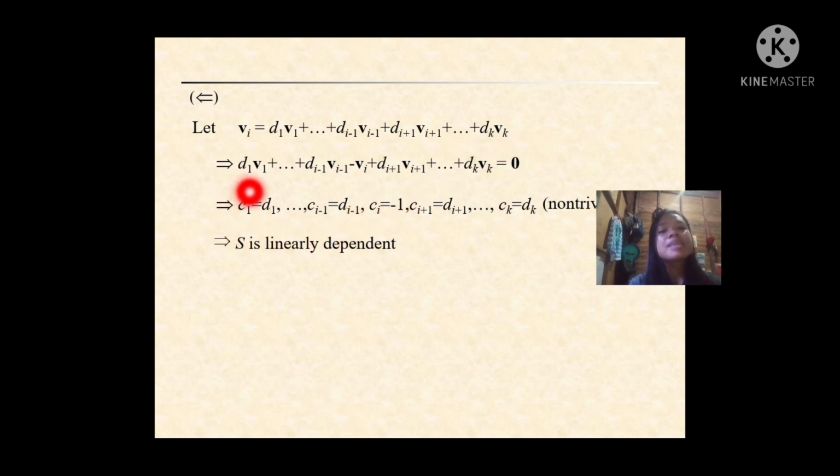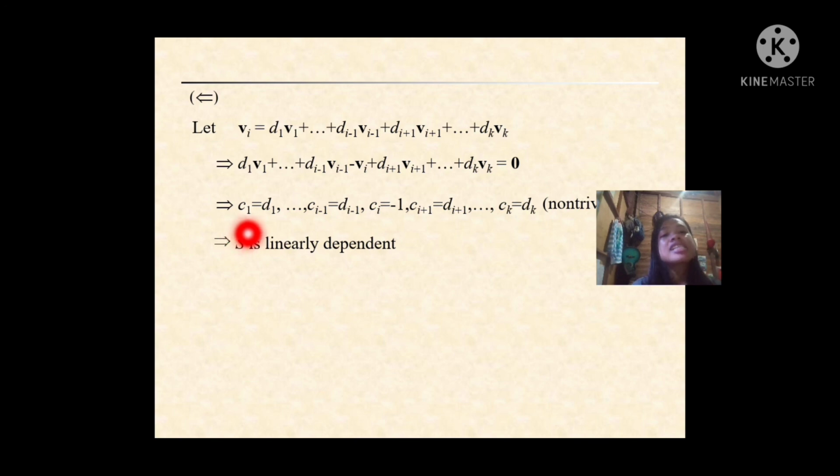Then d sub 1 v sub 1 plus ... plus d sub i minus 1 multiplied by v sub i minus 1 minus v sub i plus d sub i plus 1 multiplied by v sub i plus 1 plus ... plus d sub k multiplied by v sub k equal to 0.